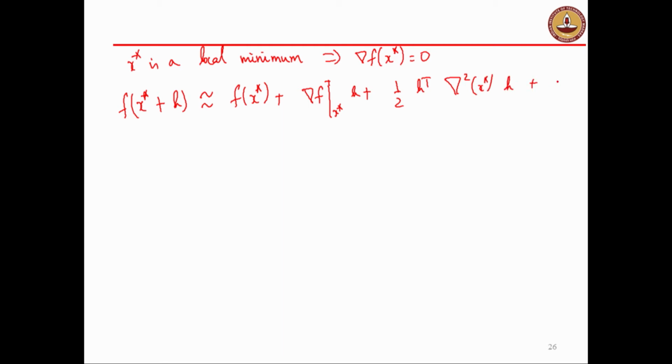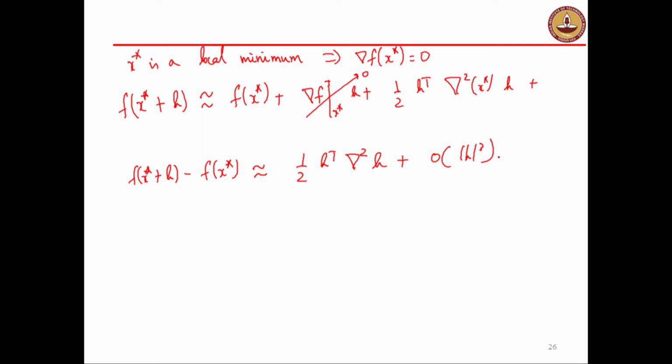I know that at x star, which is a local minimum, the gradient is equal to 0. So f of x star plus h minus f of x star is approximately equal to half h transpose Hessian h plus higher order terms. There will be higher order terms, which I can bound.